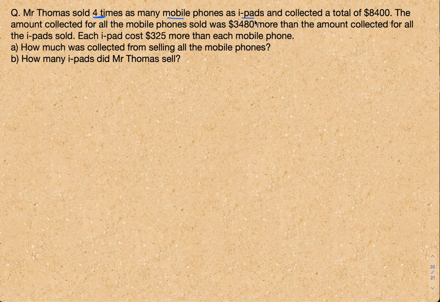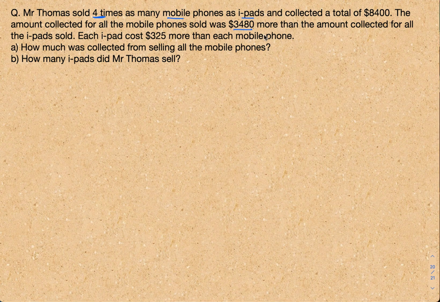And the total amount he collected by selling those mobile phones and iPads is $8,400, right? And we also know that the amount collected for all the mobile phones sold was $3,480 more than the amount collected for all the iPads sold. It's expected also because the number of mobile phones sold were a lot more than how many iPads were sold, right?